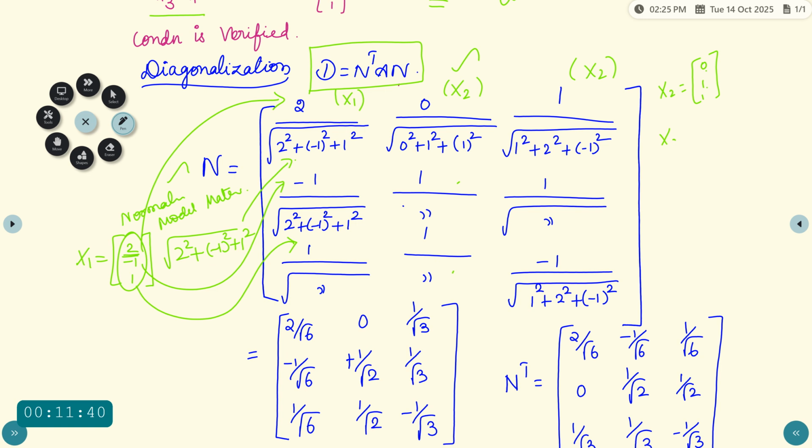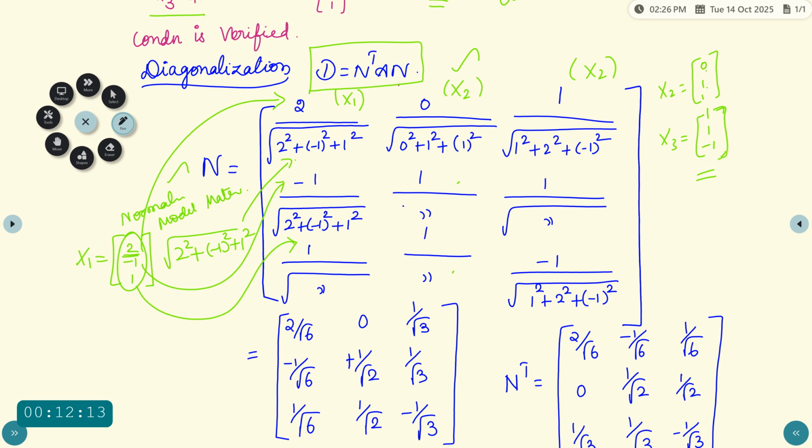Next, capital X3 equal to 1, 1, minus 1.